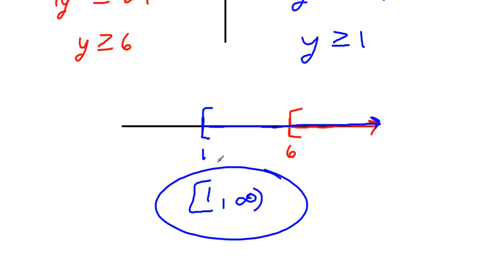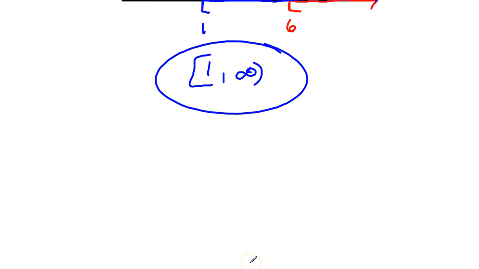Okay, and then the other one that they'll give to you is an AND statement. Let's go with 4x minus 4 greater than or equal to negative 8.